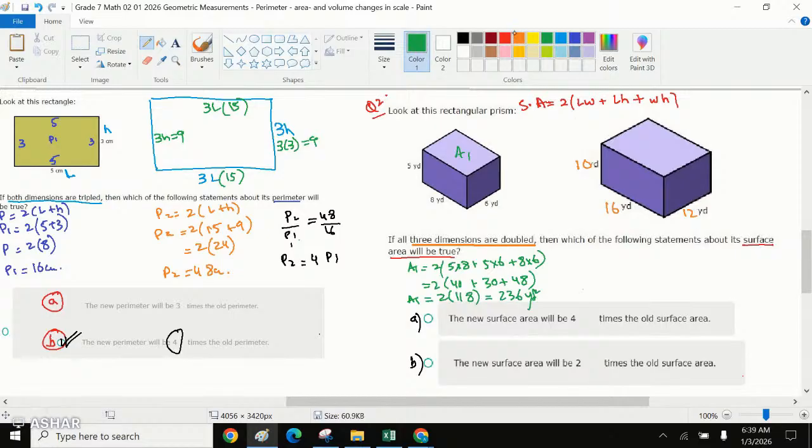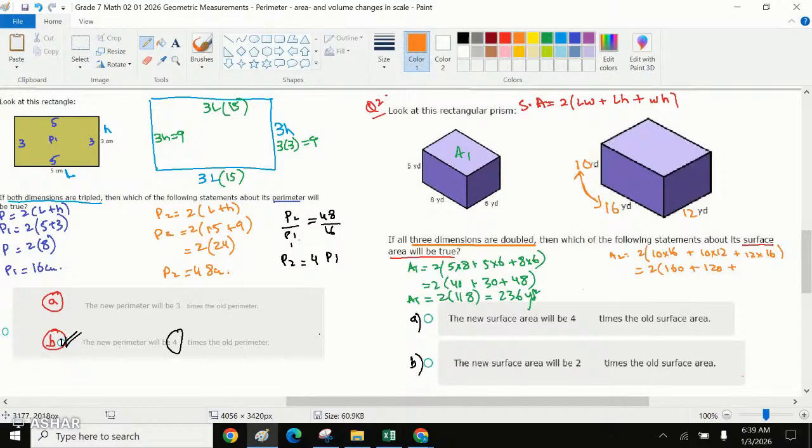What about area 2? Please do area 2. We multiply these two together first. 10 multiplied by 16 plus 10 multiplied by 12 plus 12 multiplied by 16. Great. You can use a calculator also. 10 times 16 is 160, 10 times 12 is 120, right?